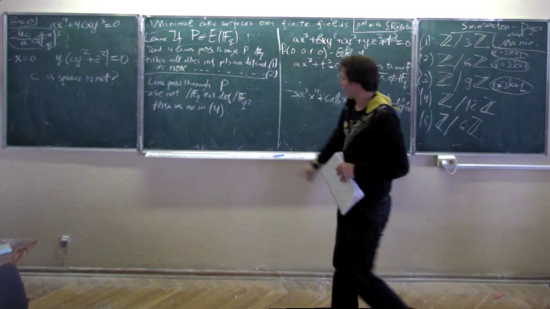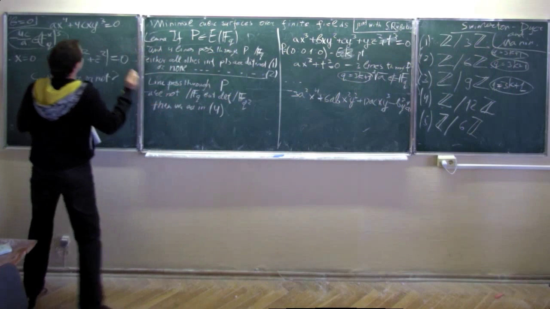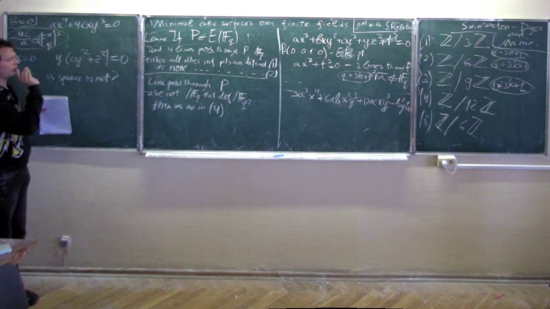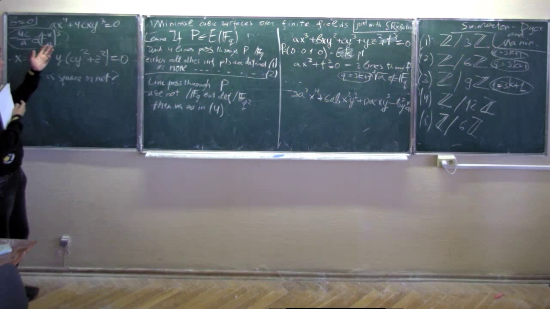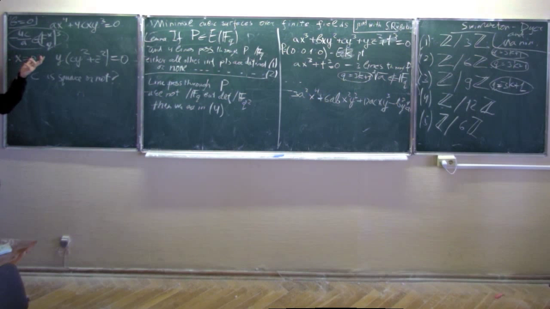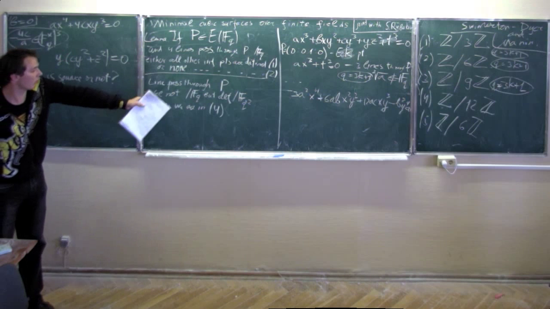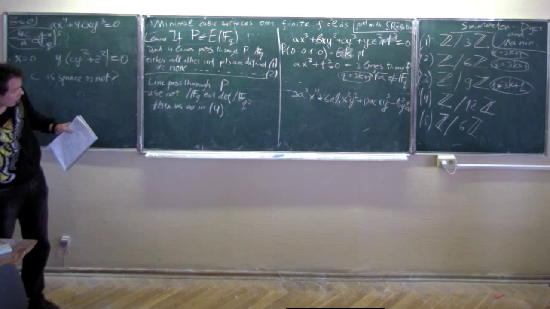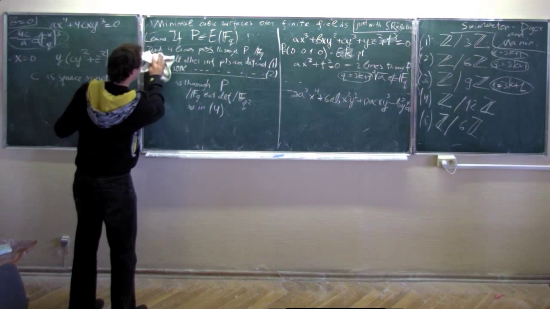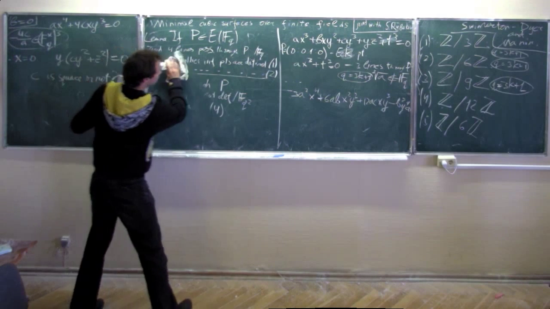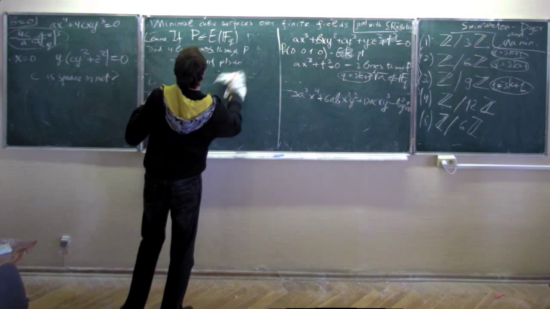Now the last one. This was when all four lines passing through P were defined over our main field, and now we should construct an example where all these four lines are not defined over Fq. So how do we do it? We just say that c equals 0.